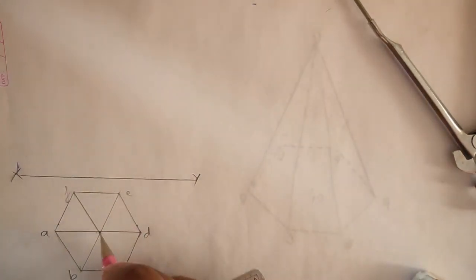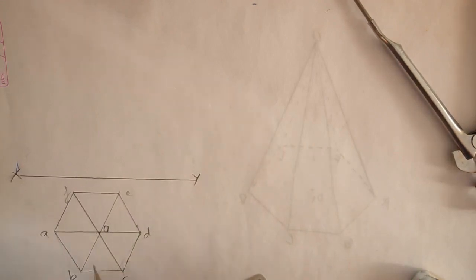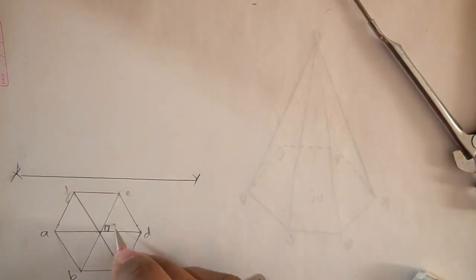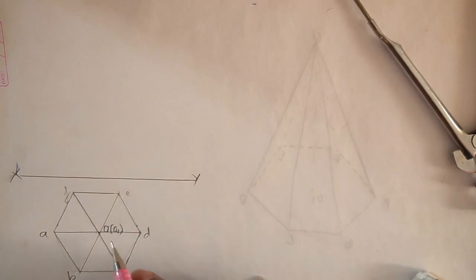So this point is apex, so O, and the line joining the apex O to the center of the base O1 is the axis line. So O into bracket O1 is the axis line. So this is the top view of the pyramid.